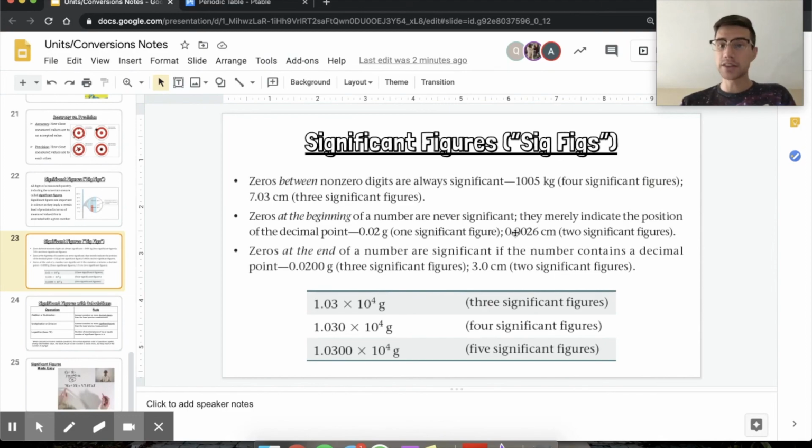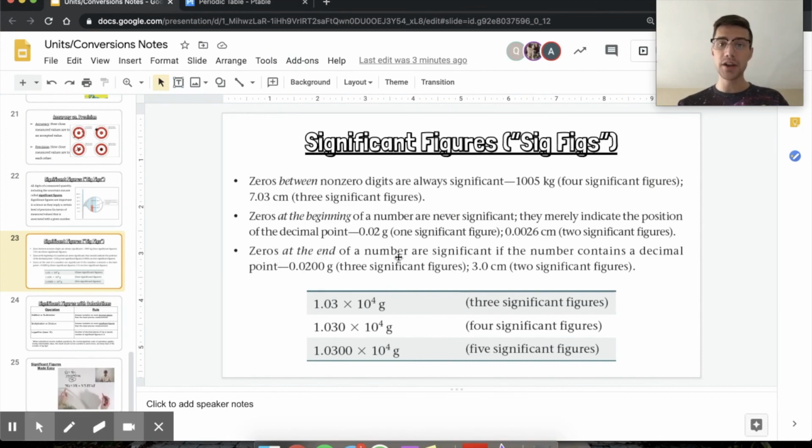But the fact that these 2 zeros exist don't have anything to do with implying how accurate or how precise your measurement is, okay? Only the 2 numbers actually give us any information about what you're measuring. So those are the only 2 significant digits in this whole number, all right?